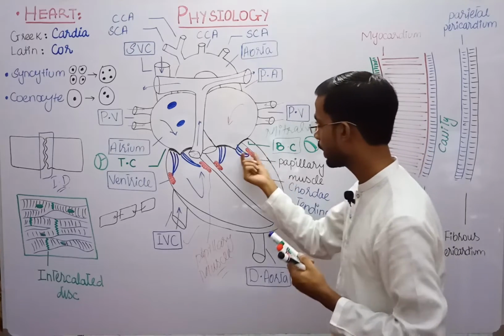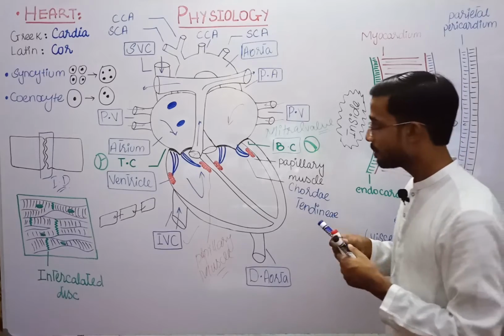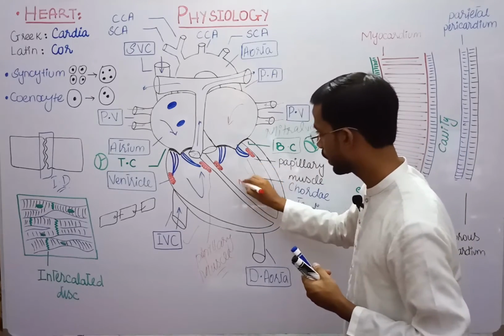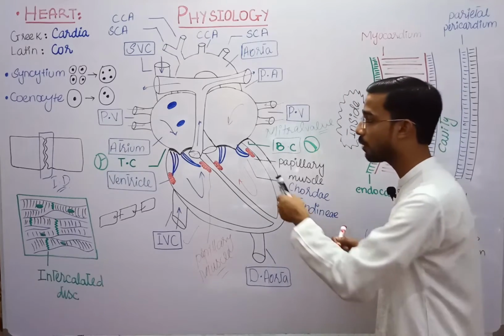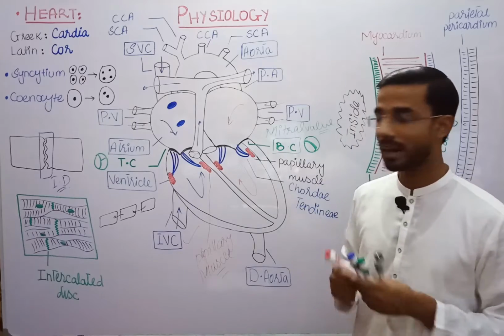Here you can see the chordae tendineae and here the papillary muscles. Then the blood flows into the left ventricle, and after the left ventricle it will move into the aorta, right?